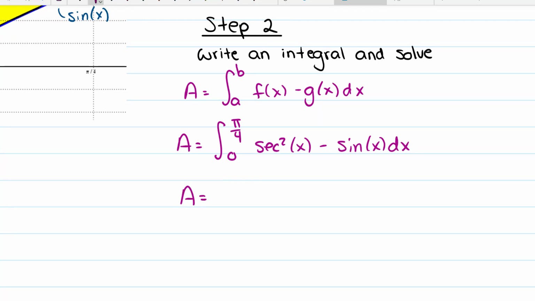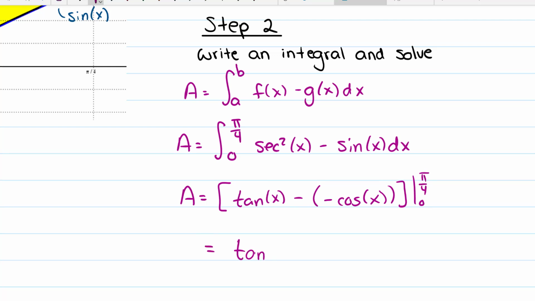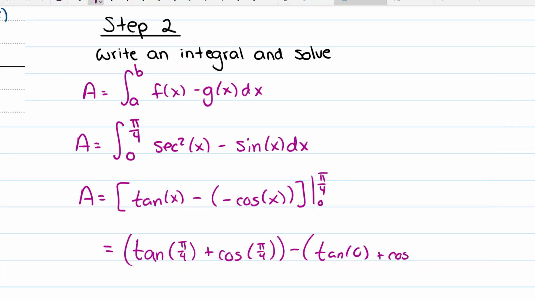So we get the area is equal to the integral of secant squared is tangent, and the integral of sine is negative cosine from 0 to pi over 4. So we get this is equal to tangent of pi over 4 plus cosine of pi over 4 minus tangent of 0 plus cosine of 0.